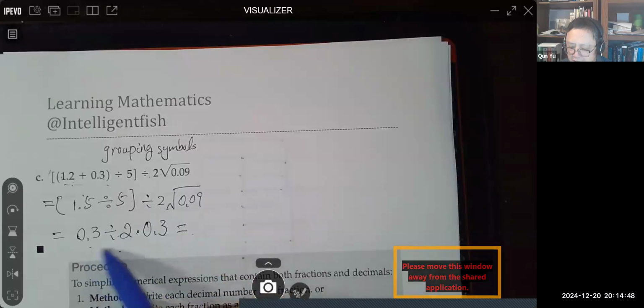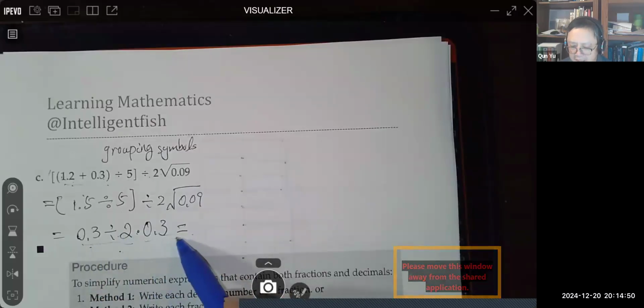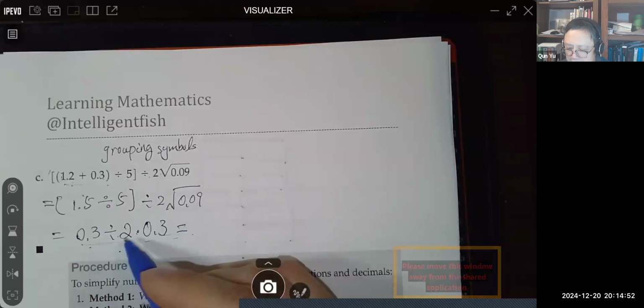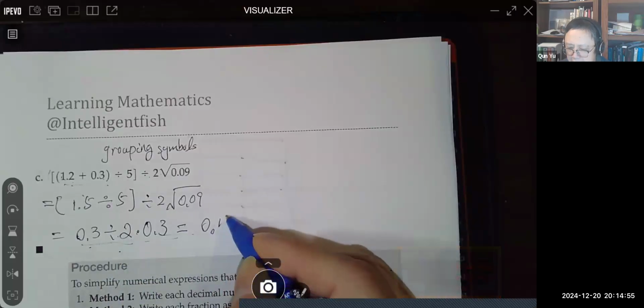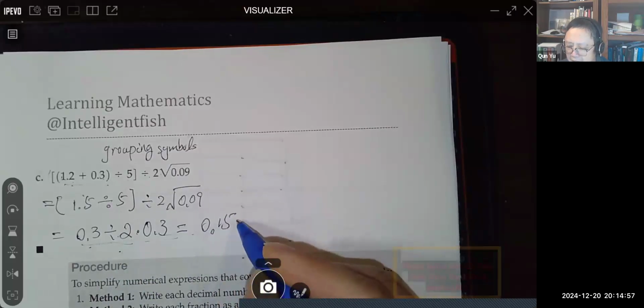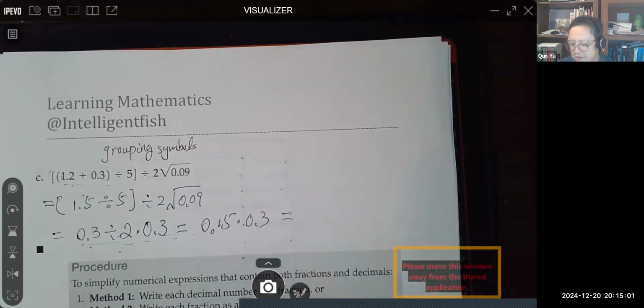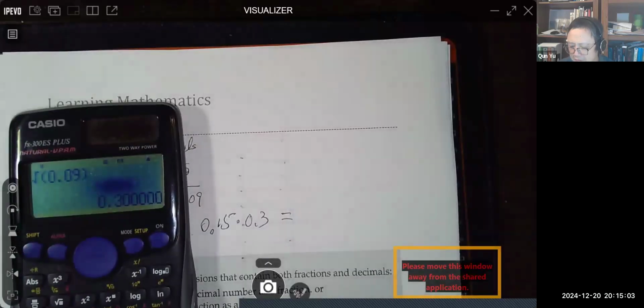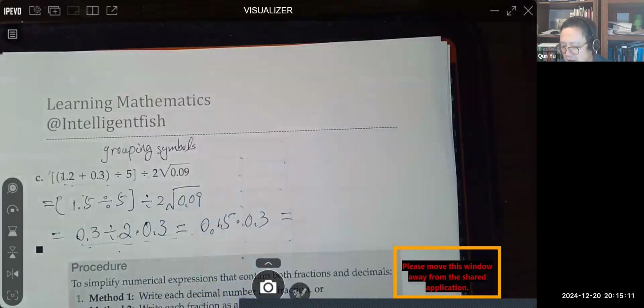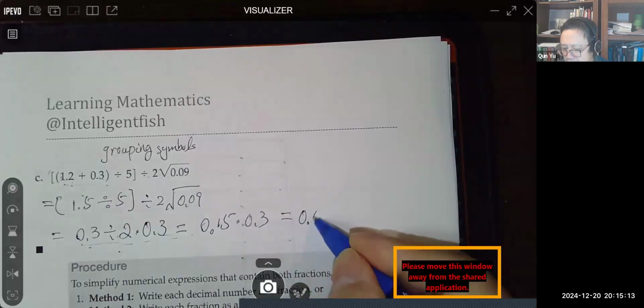So we do division first, then we do multiplication. 0.3 divided by 2, we get half of it, which is 0.15, then times 0.3. That's going to be 0.045. Let's use the calculator. Times 0.3, 0.045. That's our final answer.